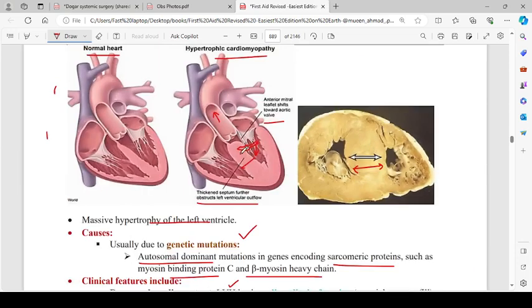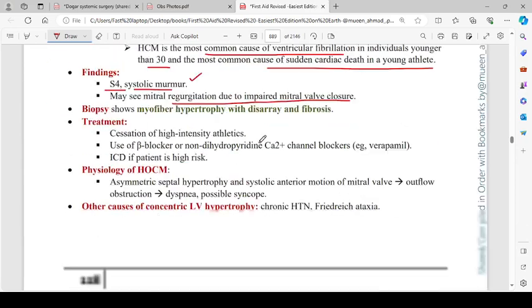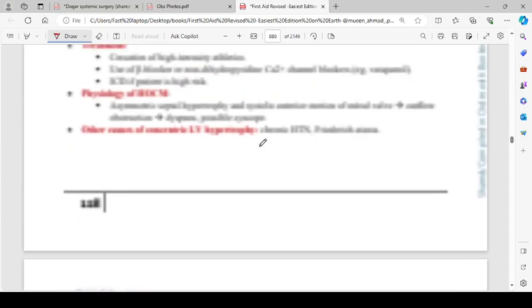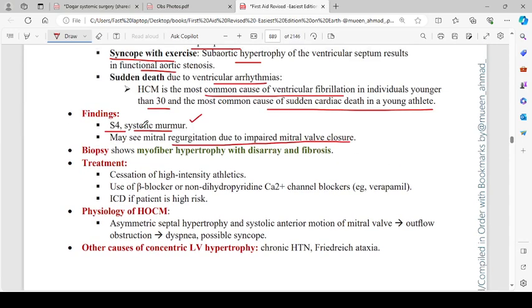The problem is that the anterior leaflet of the mitral valve is adherent to this thickened interventricular septum, which makes the regurgitation possible. Okay. So the biopsy will show myofiber hypertrophy with disarray and fibrosis.